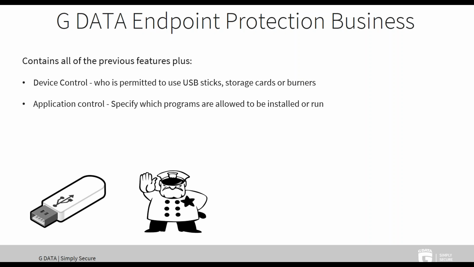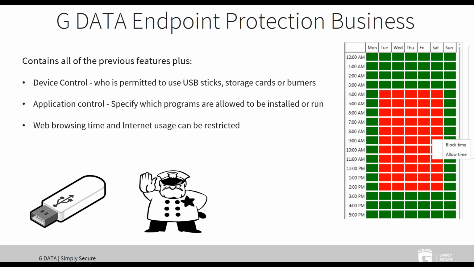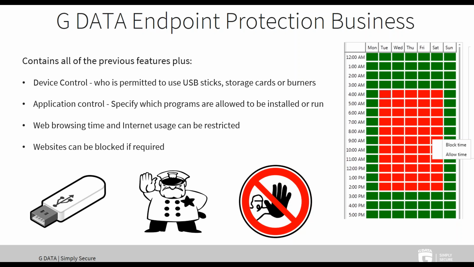Also, you can say that only specific applications are allowed to run or can be installed within your network. You can restrict the internet usage or the web browsing time itself. And of course, you can block whole websites if it is required.